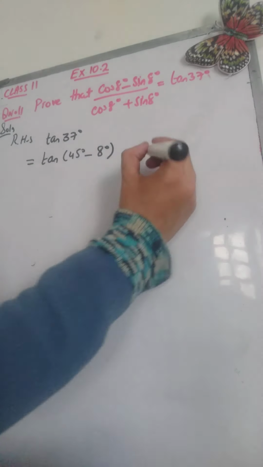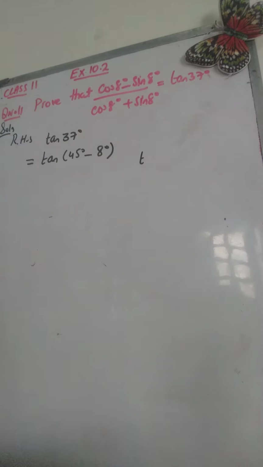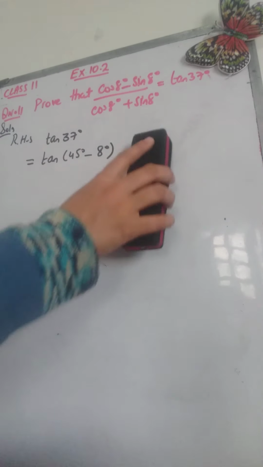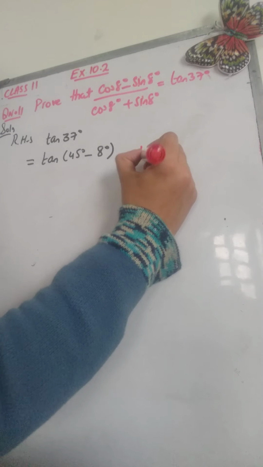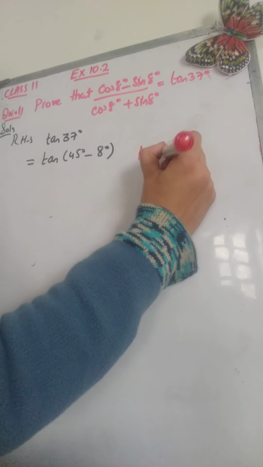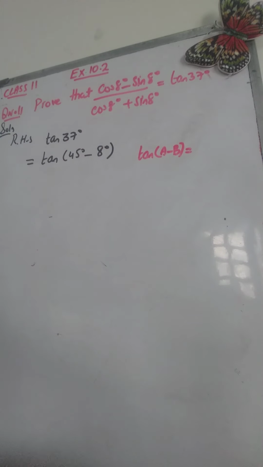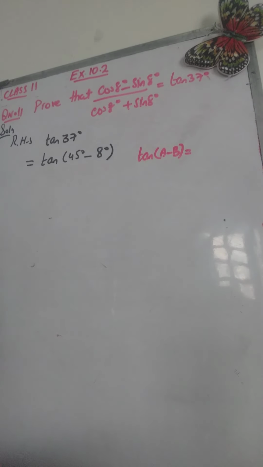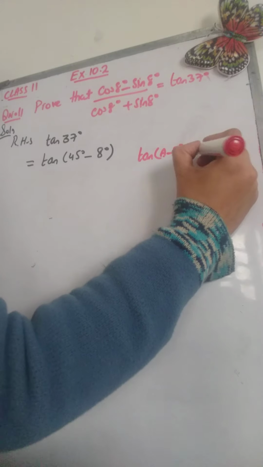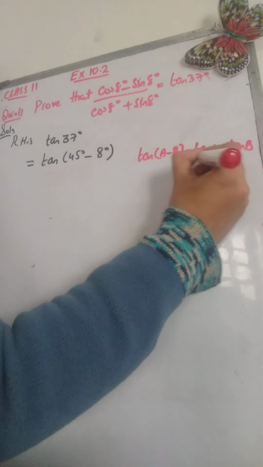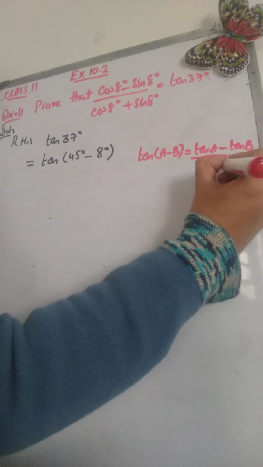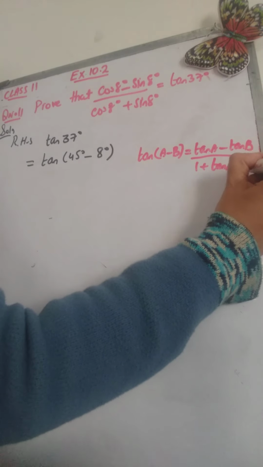So we know that tangent A minus B is equal to (tangent A minus tangent B) over (1 plus tangent A tangent B). This I have written from the identities.